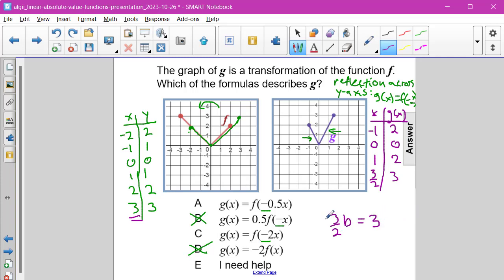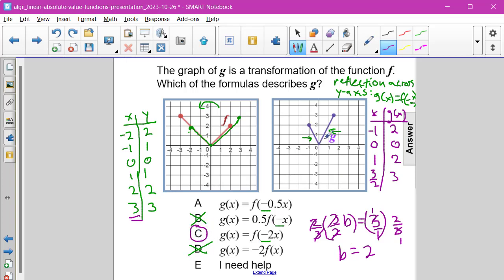So if we solve this for b and multiply both sides of this equation by 2/3, we know that these are all going to cancel out. Our b value, if I put this over 1, you're going to get 6/3, which reduces to 2, or you can cross cancel these two 3's and then multiply straight across and you still get 2. So that means the b value in our transformation is going to be a 2, making our answer choice C.